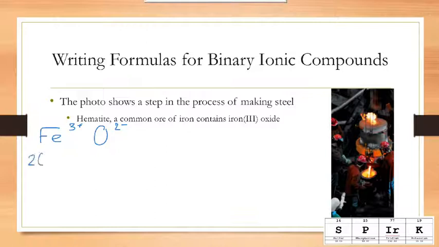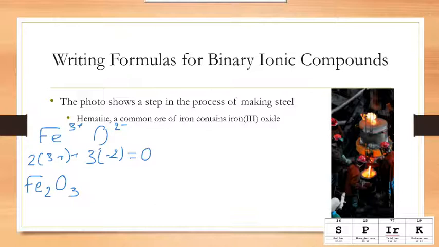So 2 times plus 3, plus 3 times minus 2, will give us an overall net charge of 0. So we can write that as Fe subscript 2, telling us we have 2 iron(III) ions, and O3, telling us that we have 3 O2- ions.